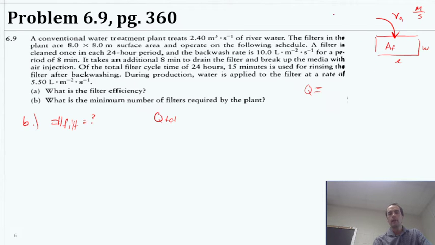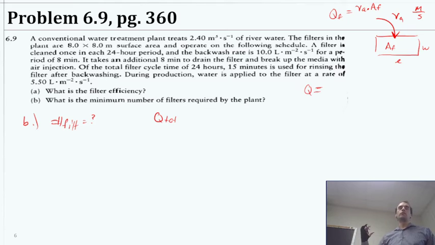Then the Q for this one filter would be V times the area of the filter, because that translates us to cubic meters per second instead of meters per second. We can do the same thing for the total flow, assuming we have a way to account for the downtime of the filters, right?